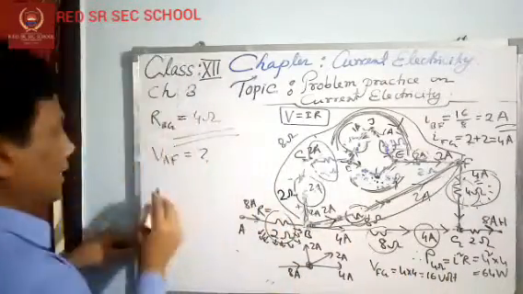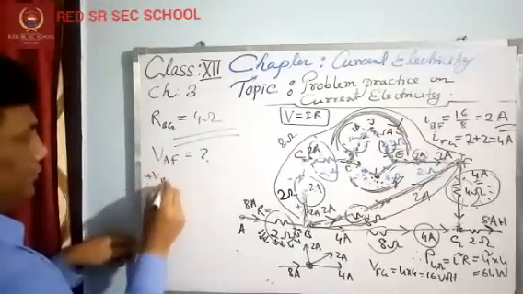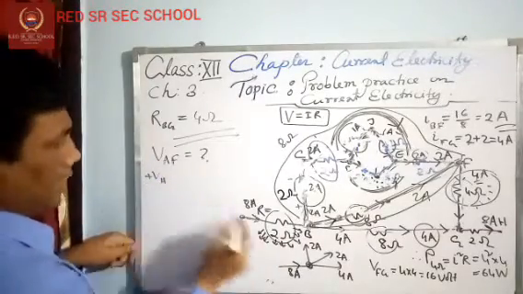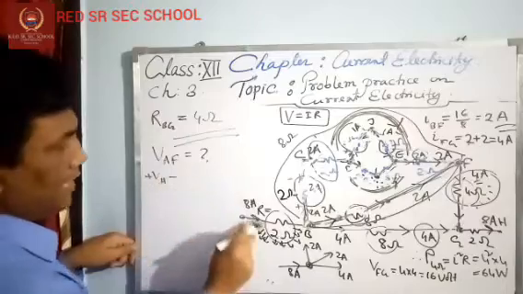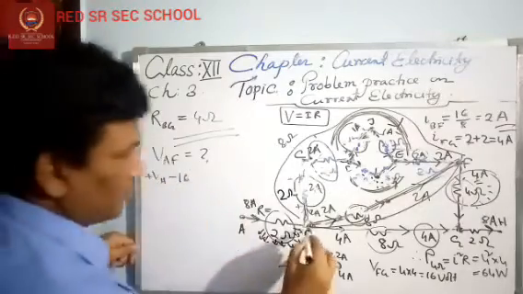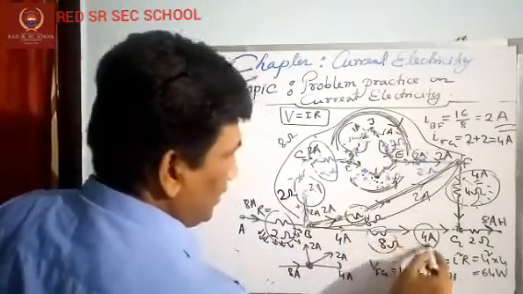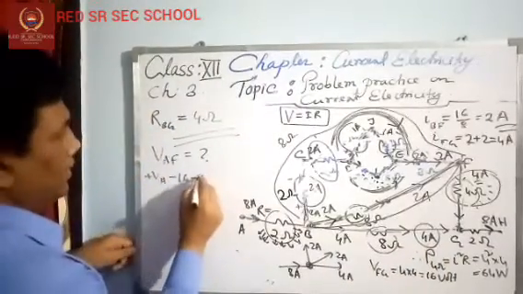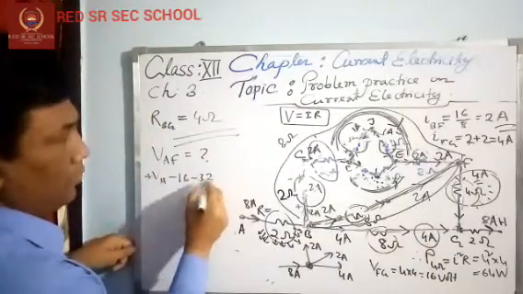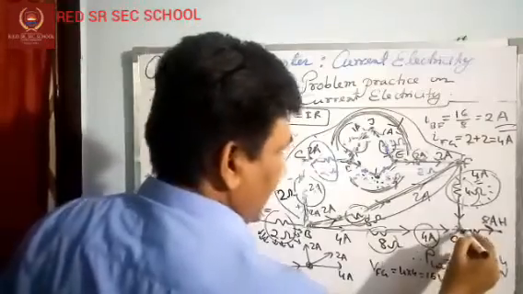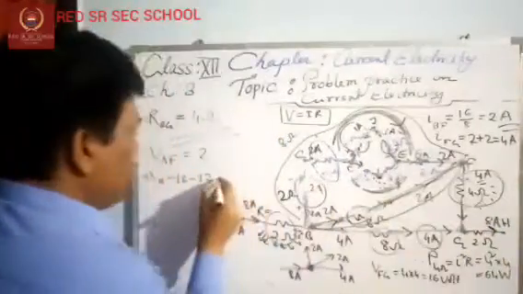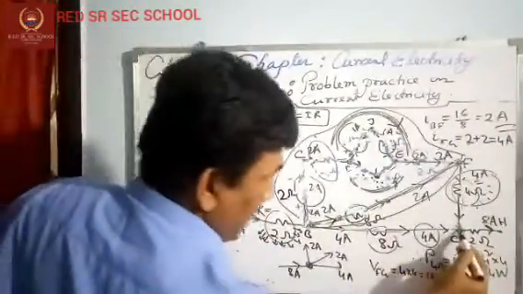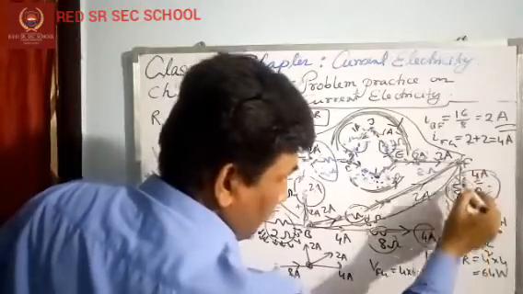See, plus VA, current is going this way, so minus 8 into 2, 16. I am going this way, 8 into 4, minus 32. I have reached Z, then I have to go to F. Now this will become plus, because I am going this way, current is flowing this way.